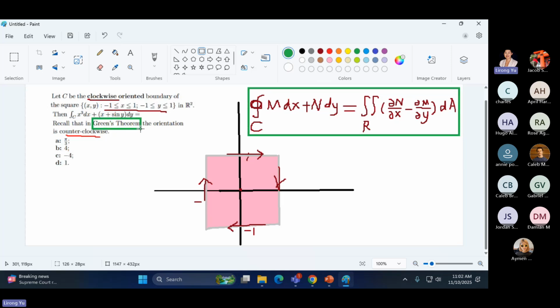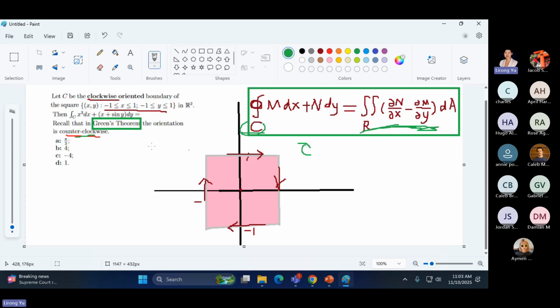Based on Green's theorem, we do have to remember that the C here has to be counterclockwise. Right? So the question will be, what if it's not counterclockwise? Now, if it's not counterclockwise, then it's clockwise. If it's clockwise, all you have to do is switch it to a negative. If this is counterclockwise, it equals this. If it's clockwise, then it would equal negative this. So all we have to do is remember to switch the sign.